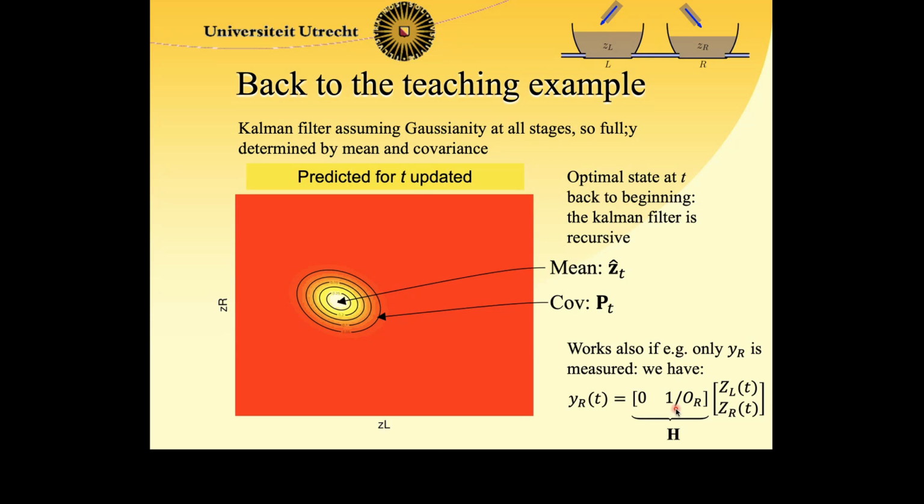That has to do with the fact that, due to the dynamic interaction between the two vessels, as well as the off-diagonal elements of the model noise covariance matrix Q, which are not equal to 0, ZR and ZL are dependent on each other. And because of the dependence, it's often feasible to only weigh one of the two and still get a better prediction.